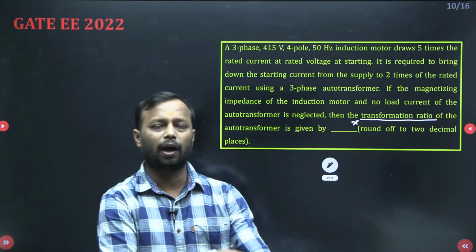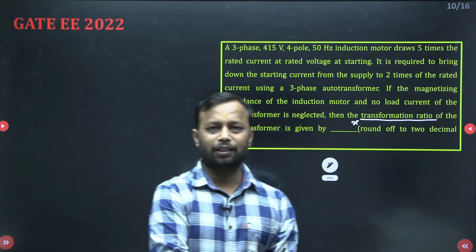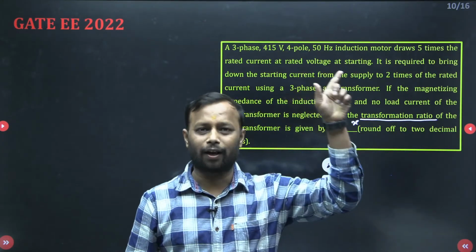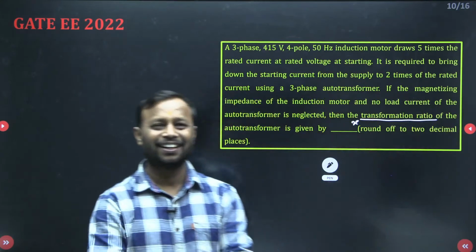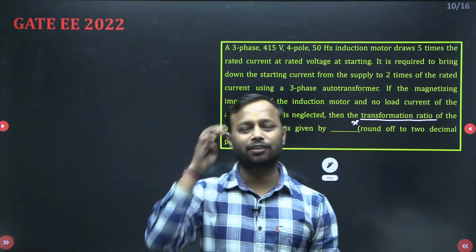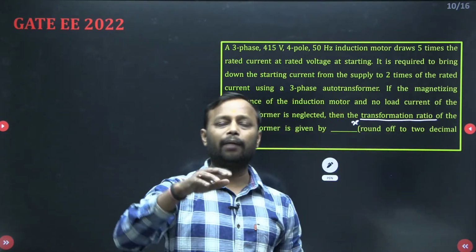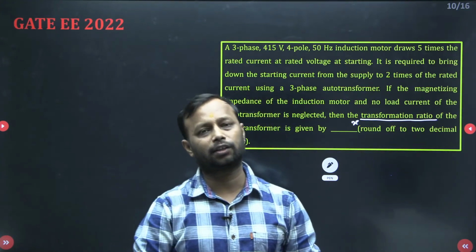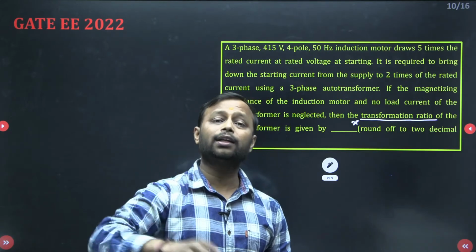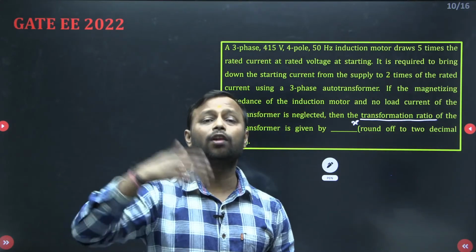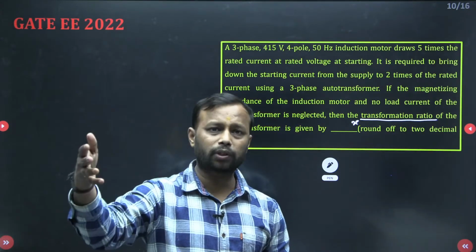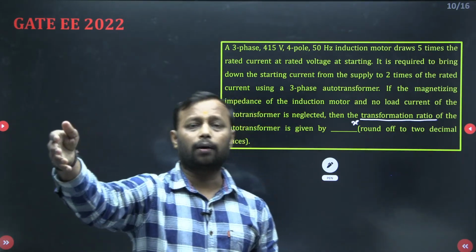This question is related to the starting of the 3-phase induction motor. What do you mean by starting? Means how the induction motor is going to start. At the time of starting of the 3-phase induction motor, the current is very high, maybe around 1000 ampere, even 2000 and so on.